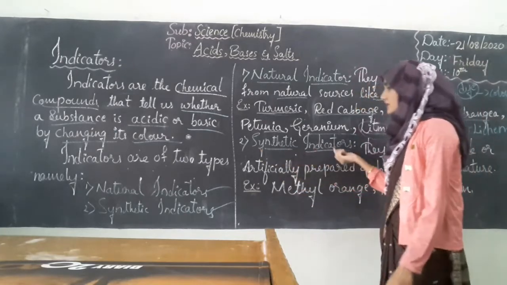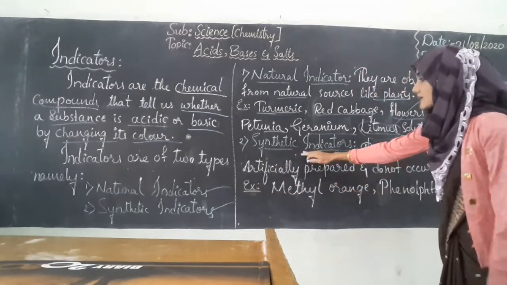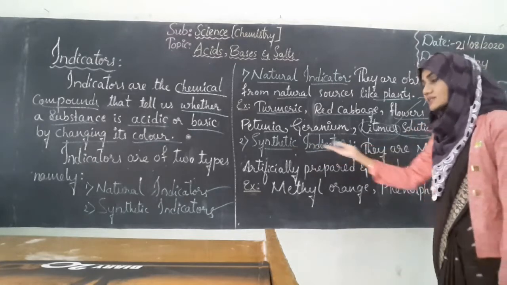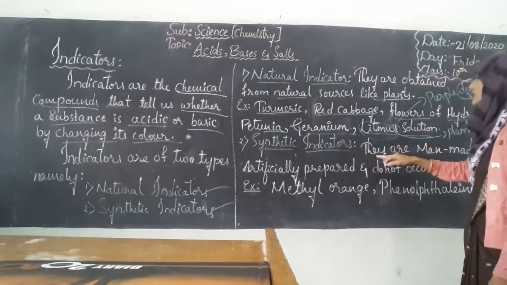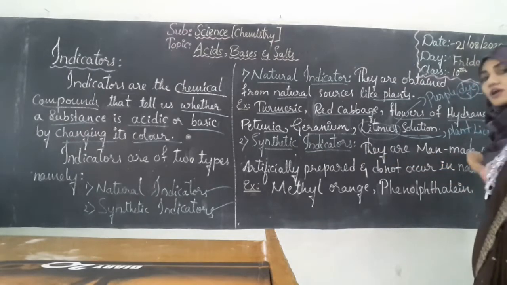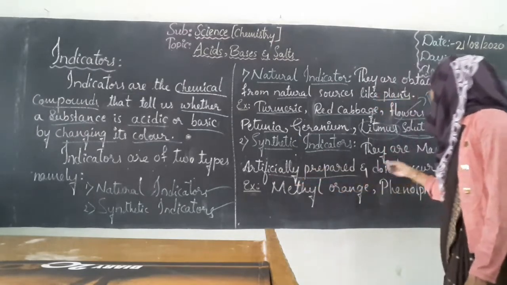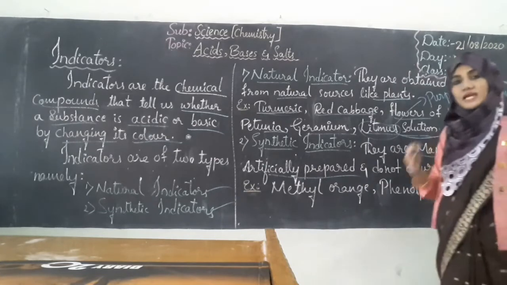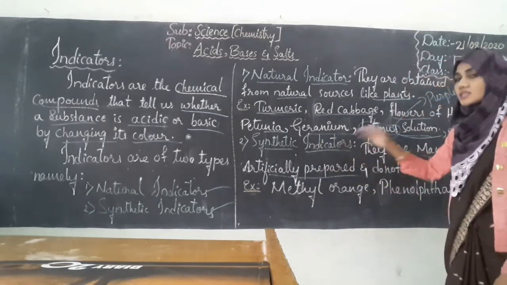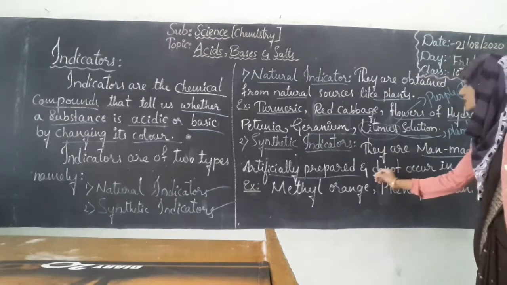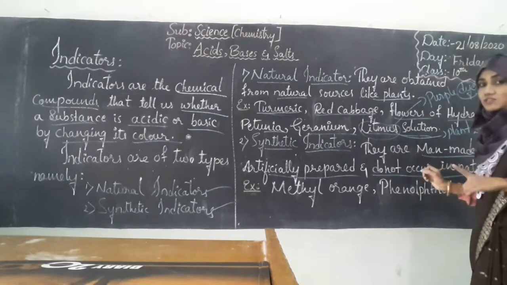Next is synthetic indicators. The word synthetic is nothing but man-made, and you know that. So synthetic indicators are man-made or artificially prepared indicators, and they do not occur naturally in nature.